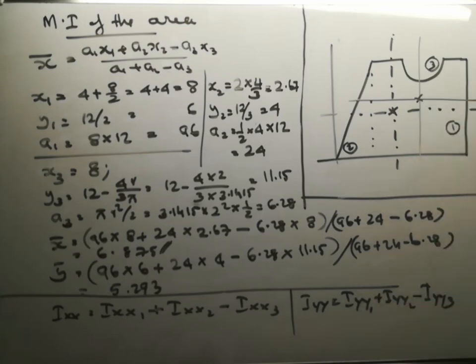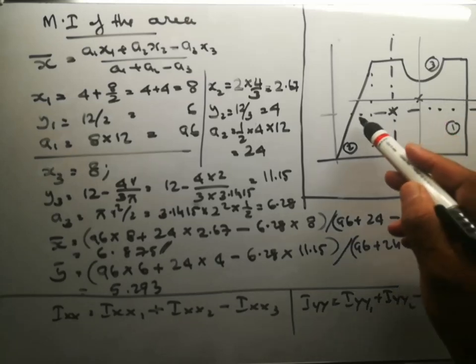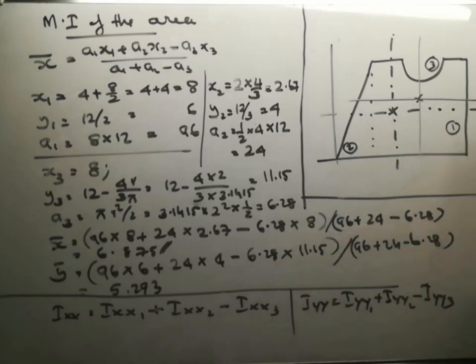We know this vertical distance: it is 6 minus 5.293, isn't it? This distance is 6 minus 5.293.